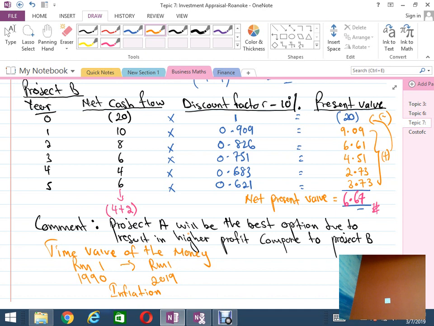Based on assumption, how much will it be? Should it go higher than 10% or lower than 10% to get a negative answer? Remember, here it must be a negative answer.